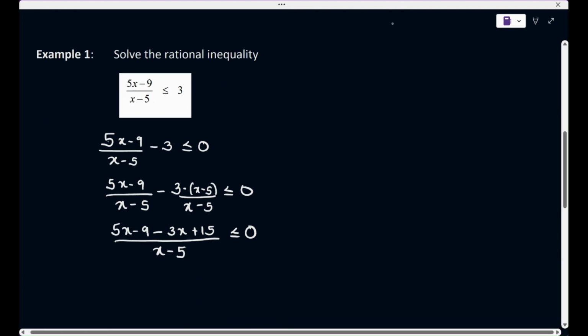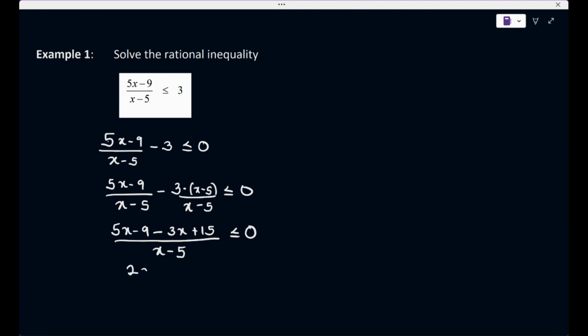Now we can simplify the numerator: 5x minus 3x will be 2x, and minus 9 plus 15 is plus 6, over x minus 5.